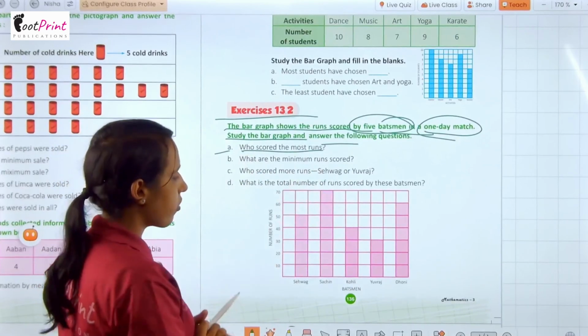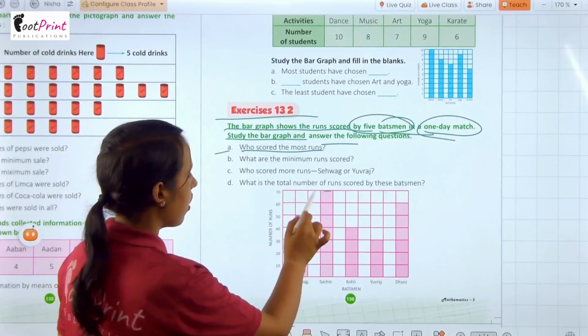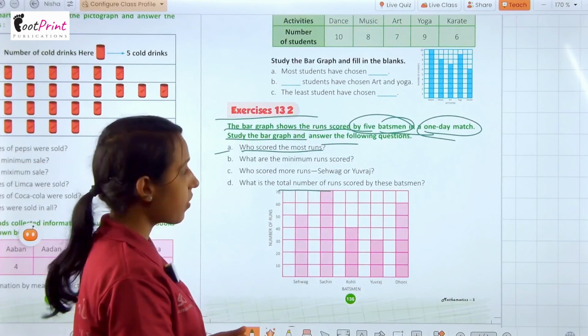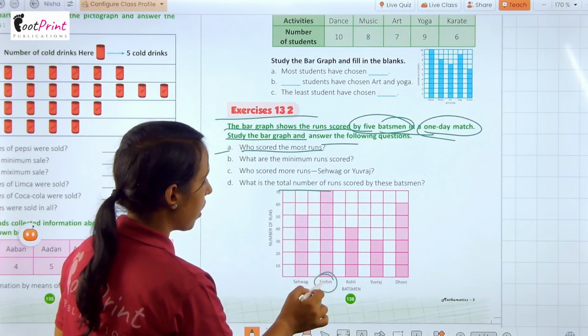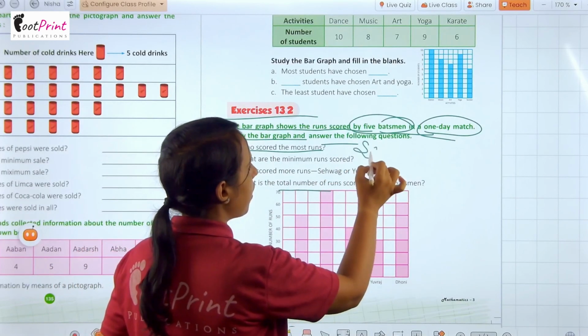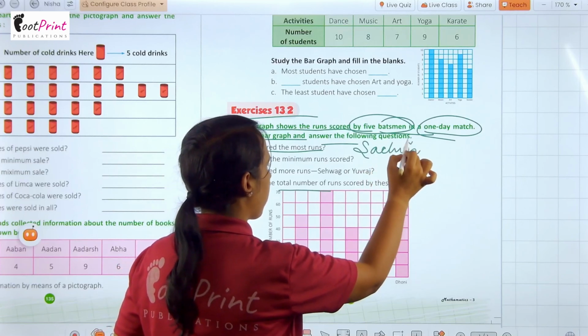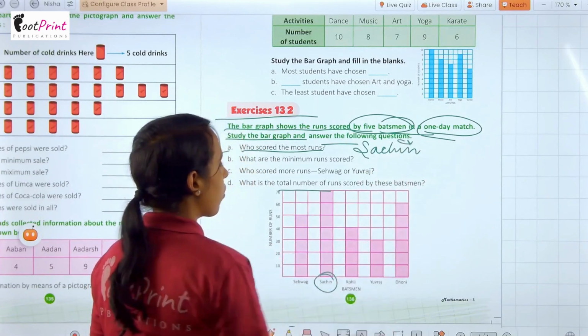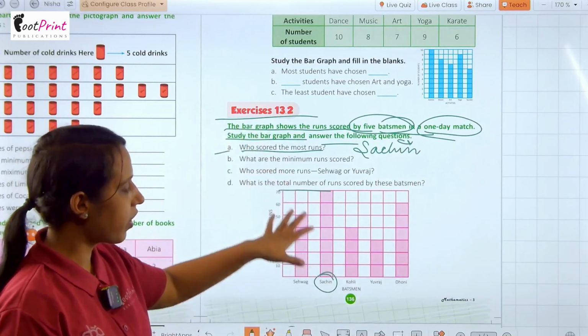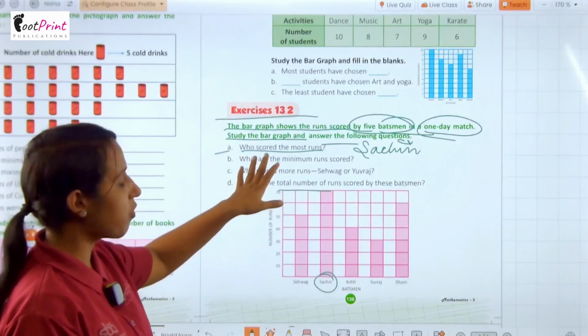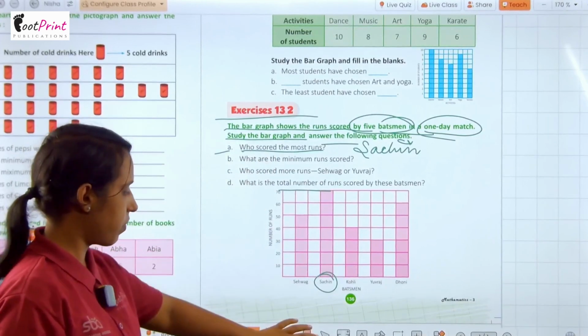Who scored the most runs? So here we can see 70 is the highest runs and it is made by Sachin. So here we write Sachin. Okay. So just like that, you have to read the bar graph and give the answer of these questions.